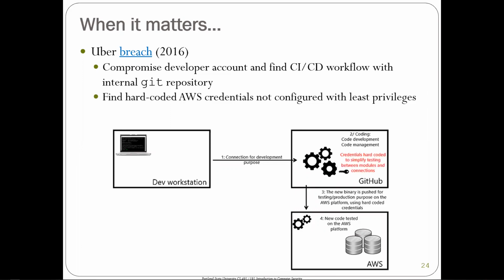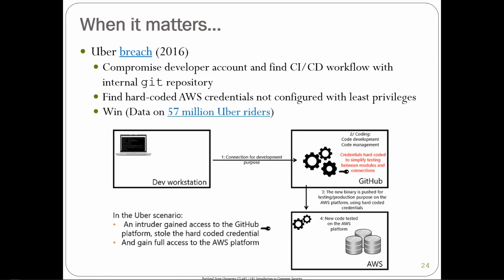And those AWS credentials, you would have hoped were restricted in some way, that someone had applied the principle of least privilege on those credentials, but they didn't. These were the root credentials for the AWS infrastructure that Uber was using. And this ended up getting them the information on 57 million Uber riders, all of the Uber customers.